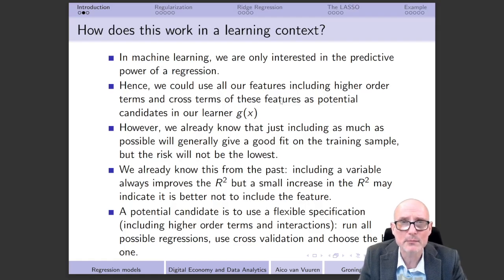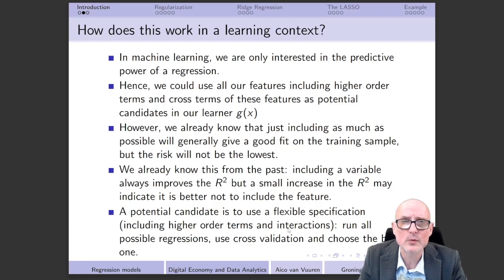But now, coming back, how does it actually work in a learning context? What we could do in this situation is look at a potentially very flexible specification, including, as we did over here, many features, higher order terms, and even interactions. Then we run all the potential regressions that we can do with respect to those features, higher order terms and interactions.